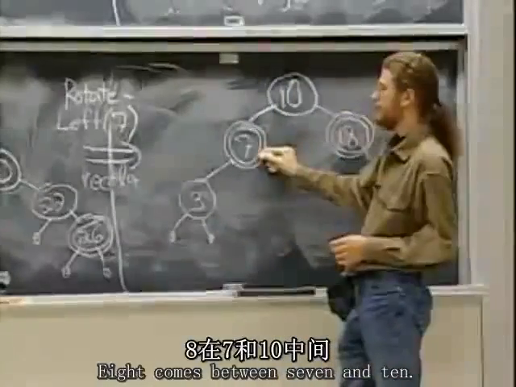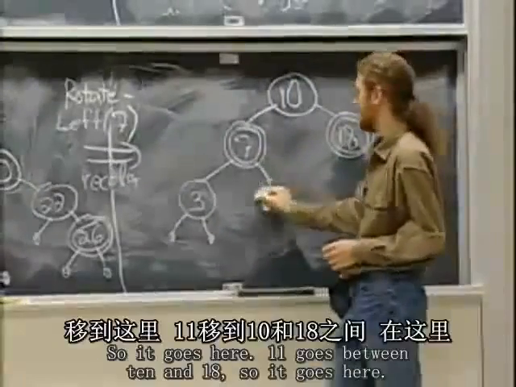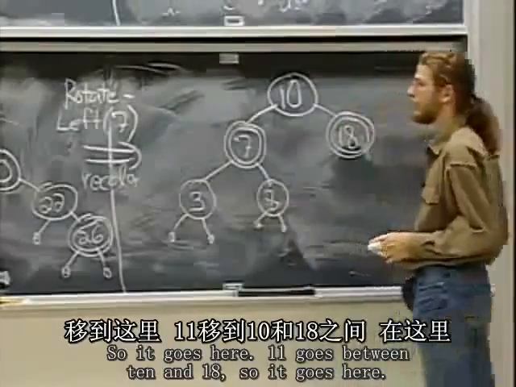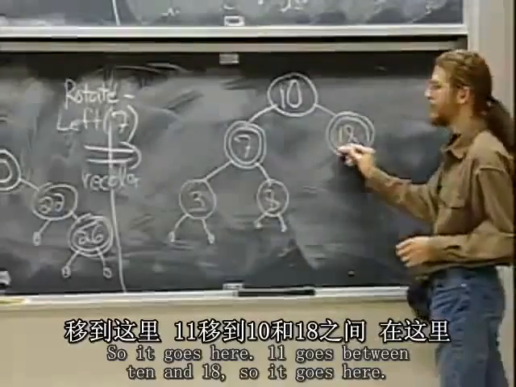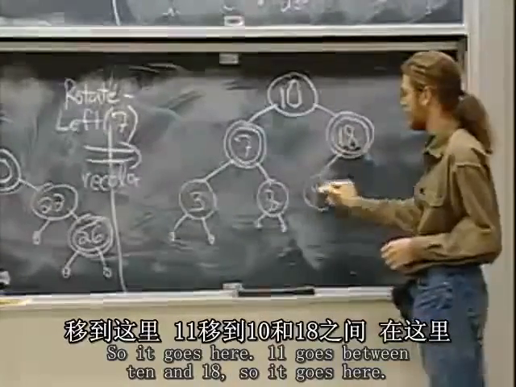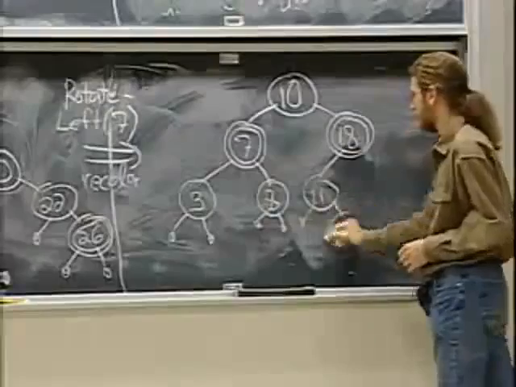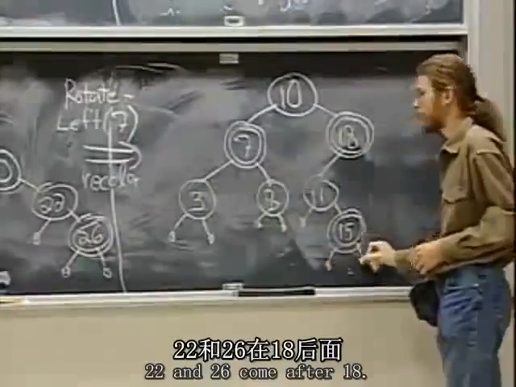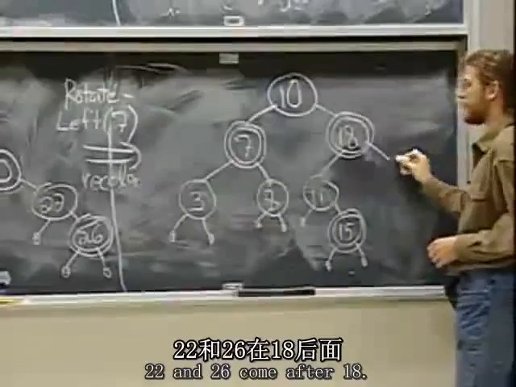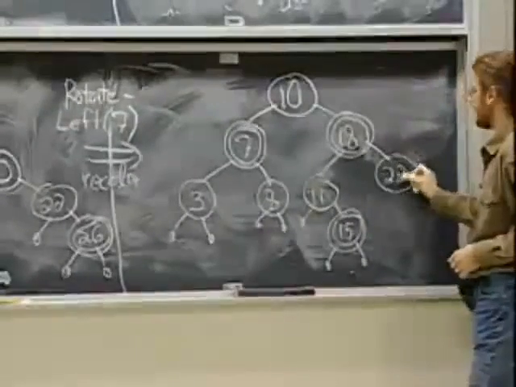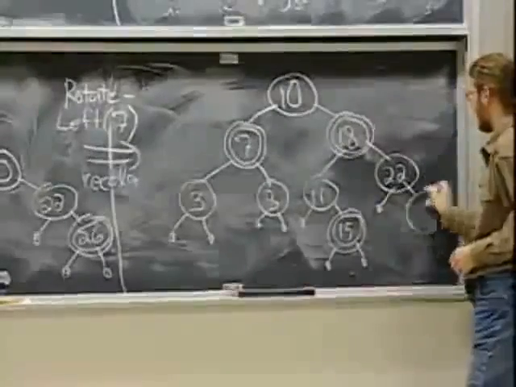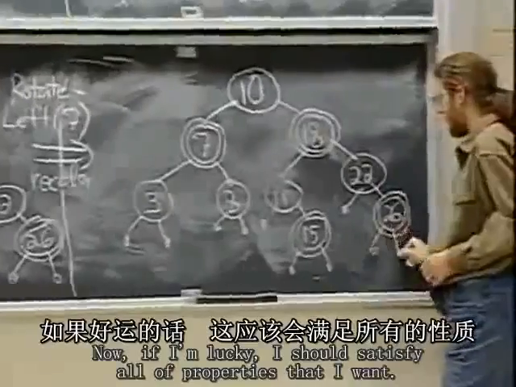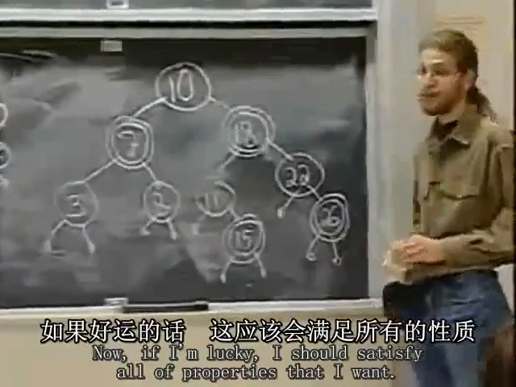Eight comes between 7 and 10, so it goes here. 11 goes between 10 and 18, so it goes here. 22 and 26 come after 18. Okay, now, if I'm lucky, I should satisfy all the properties that I want.